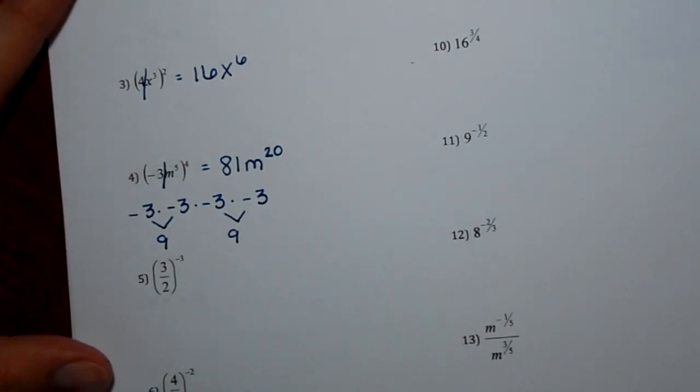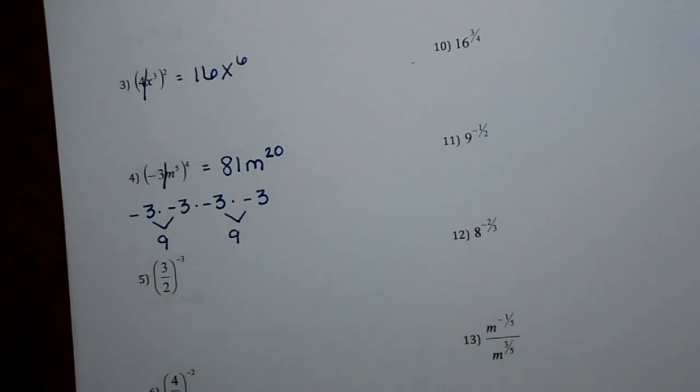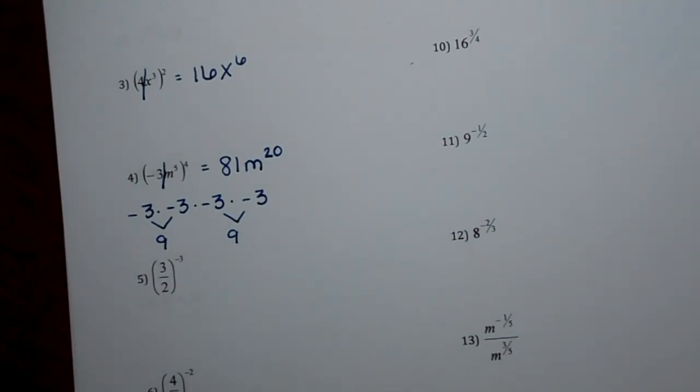Okay, let's look at question 5, because I got lots of questions on question 5 in class. When you have a fraction raised to a power, that means you are raising the top number and the bottom number to that power. Here's how I would approach this one. I would ignore that negative for now, and you'll notice that in this chapter, we do that a lot. We ignore that negative on the exponent until the very end. I'm going to start by just doing 3 to the power of 3 and 2 to the power of 3.